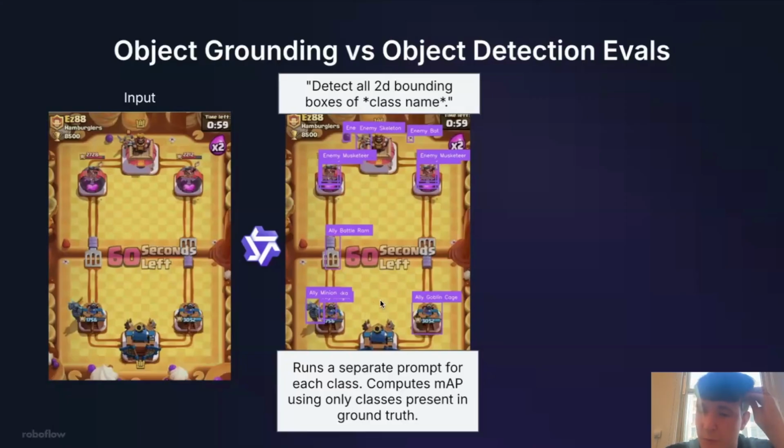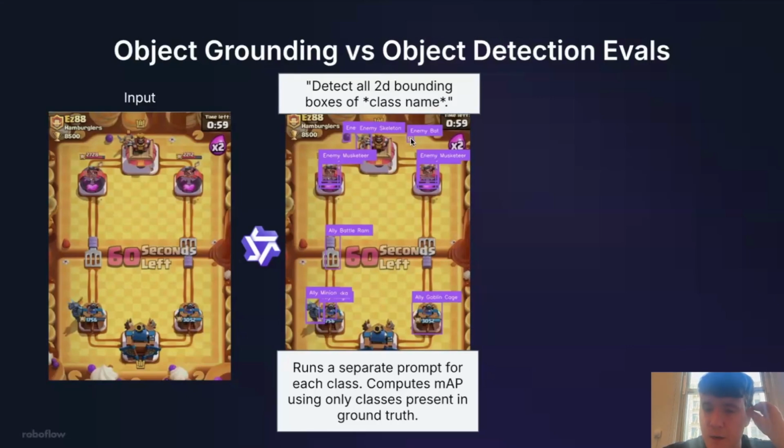Because as we've mentioned, we want to detect all objects at once. And you can see it here. You can see that there's 6 or 7 different bounding boxes on that tower. And then when you're calculating the metrics, it is very important also to figure out what you want to calculate the metrics over, because from our understanding, the Qwen paper only calculates its metrics by taking the detections whose class is one of the classes that are present in the ground truth data.